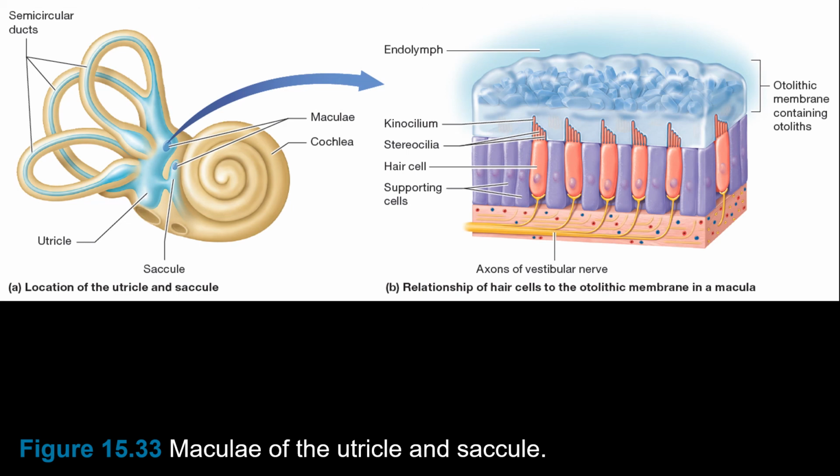And so here are those structures I was mentioning. Remember, you have the saccule down here and the utricle here, and inside those you're going to have either vertical or horizontal stereocilia and kinocilium. And you see this tallest one here is the kinocilium, and then all of the other short ones are the stereocilia.